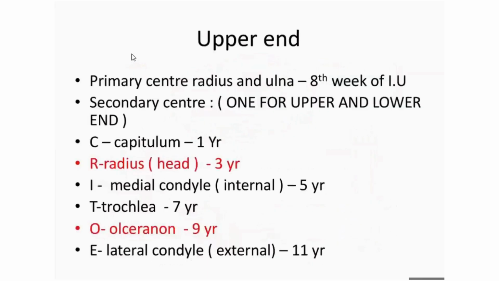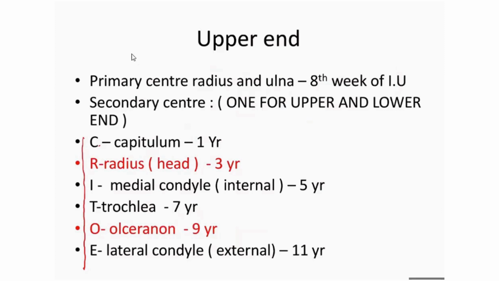Now you have to remember this mnemonic. The primary center for radius and ulna occurs by the 8th week of intrauterine life, and for the secondary centers, remember this mnemonic, CRITOE. Capital M, 1 year. You can't leave the radius alone.